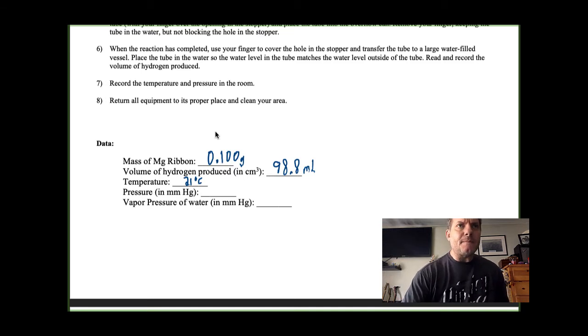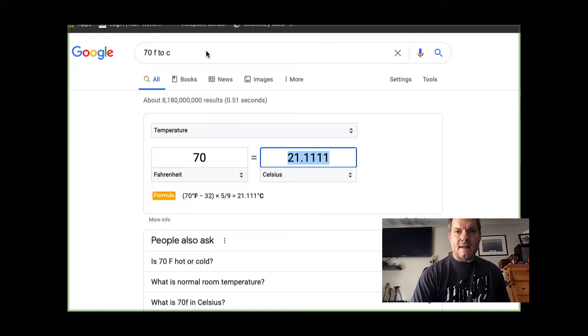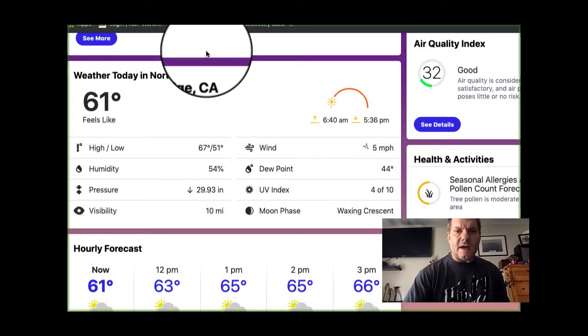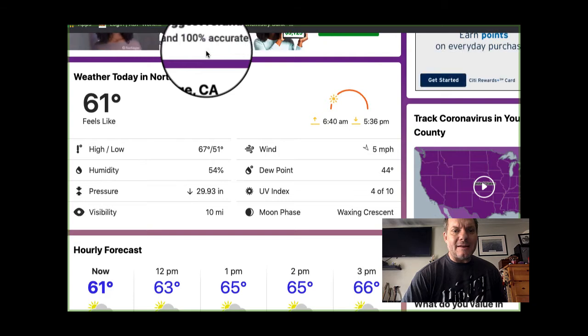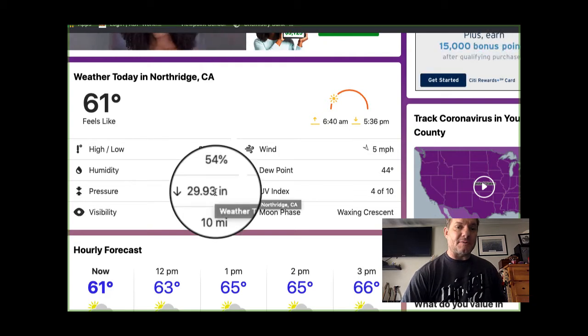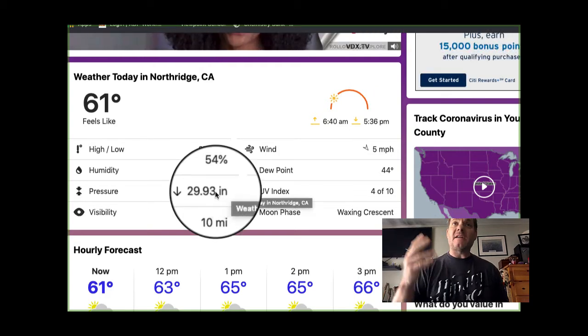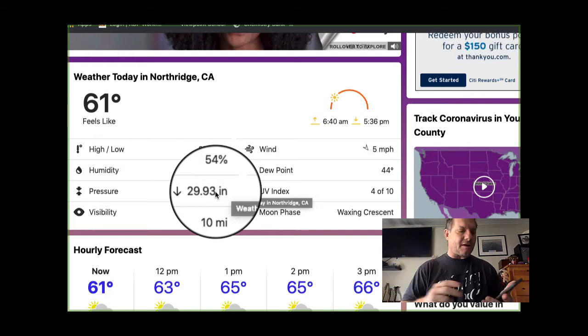For the pressure, I can just look at the weatherman's data for the day. He says the pressure is 29.93 inches, and it happens to be falling. Again, that's inches of mercury.